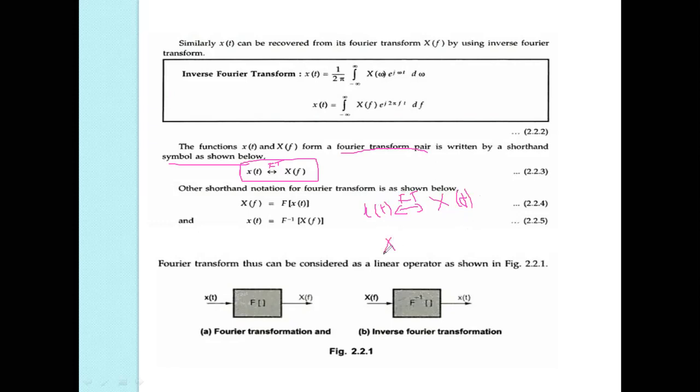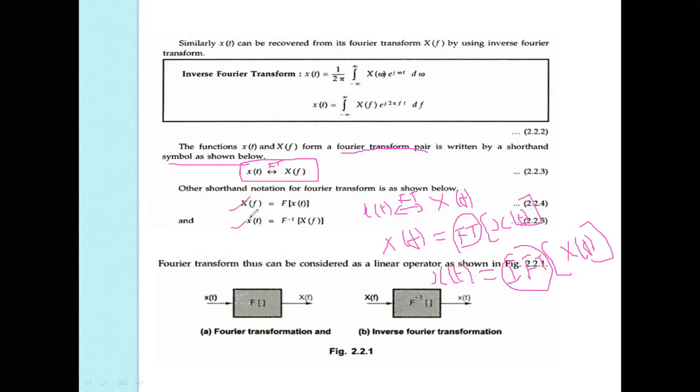Or when I am using the equals sign, X of f is equal to the Fourier transform of the x of t signal. Otherwise, x of t is equal to the inverse Fourier transform of X of f, a relation actually. x of t is equal to the inverse Fourier transform of X of f, written as F inverse.